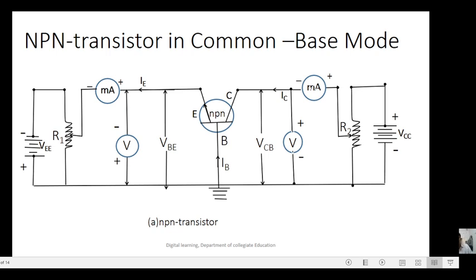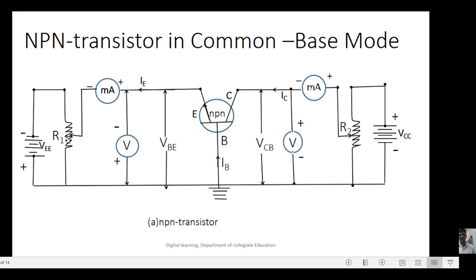NPN transistor in common base mode. Here the complete diagram of the NPN transistor can be seen. VEE is the battery which supplies the voltage or current, and VCC is the other. R1 is a potentiometer, and R2 is also a potentiometer, connected across the battery.